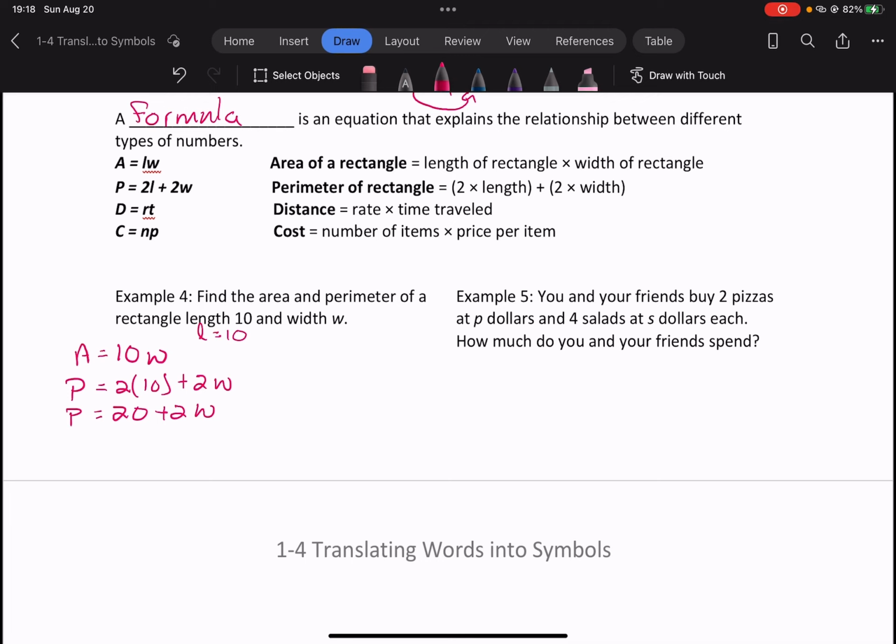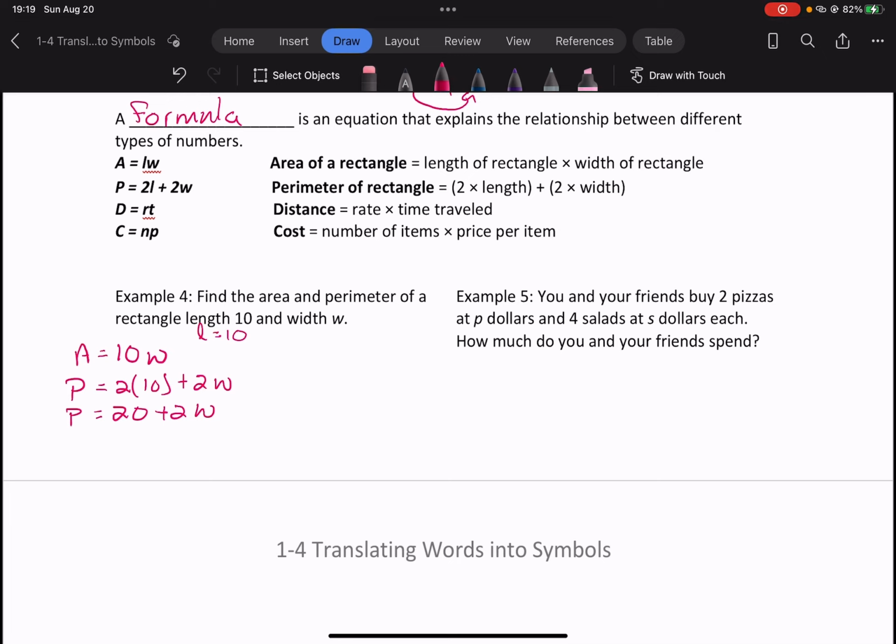So pause, try example 5, and we'll come back together. Okay, welcome back. So we've got a couple things here. It says you and your friends buy 2 pizzas at P dollars and 4 salads at S dollars each.